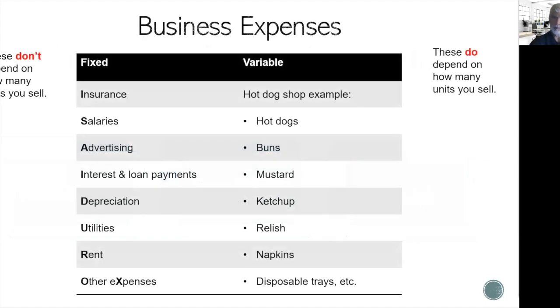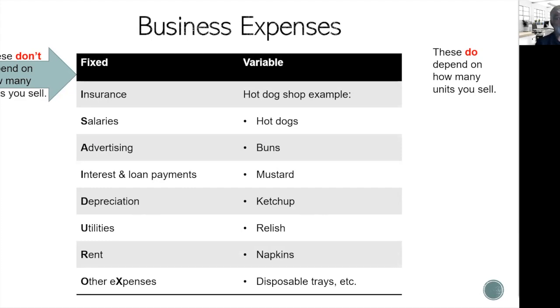All right, check it out. Remember this about business expenses. We have fixed, we have variable. 2 different kinds of business expenses. The fixed expenses, these don't depend on how many units you sell. You're going to pay rent whether or not you sell 1 hot dog. You're going to pay the insurance, your liability insurance, no matter how many hot dogs you sell, right?